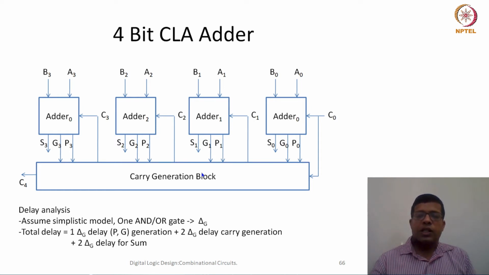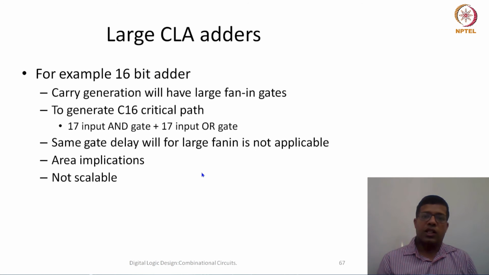Now let us see, this was a 4-bit CLA adder. What if I want to design a larger adder? Let's say a 16-bit adder. Ideally we should take a 64-bit adder, but that would become slightly complex for demonstration. So let's take a 16-bit adder. We can generalize it to 64-bit adders also.